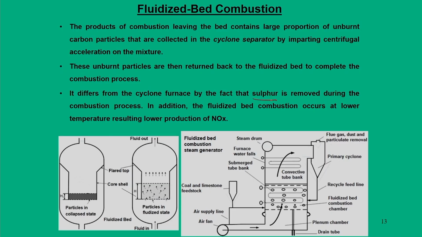If you use a conventional cyclone furnace, there are difficulties in separating sulfur, but in this fluidized bed combustion mechanism, sulfur can be removed during the combustion process, and that is the reason this technology is gaining more importance.